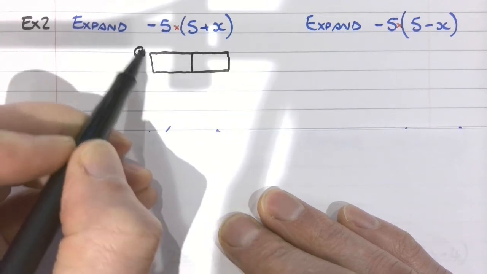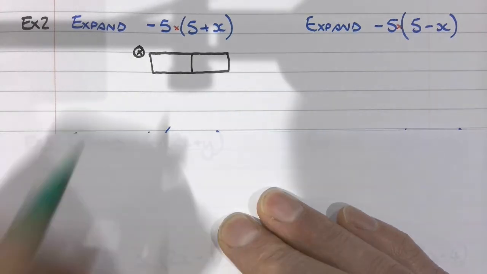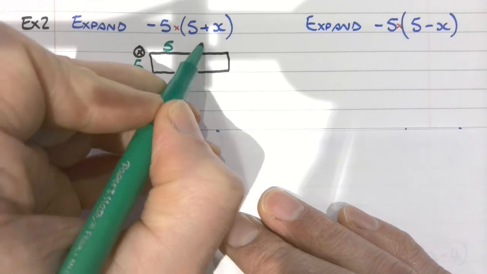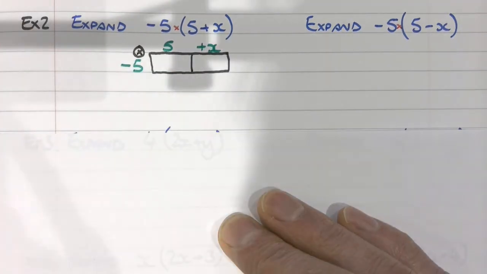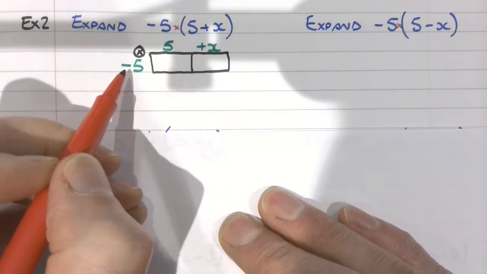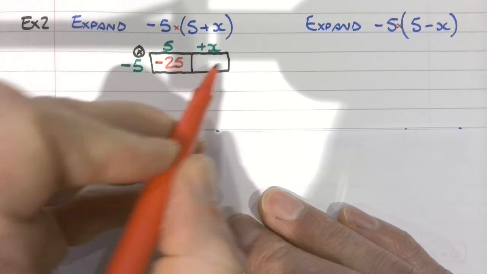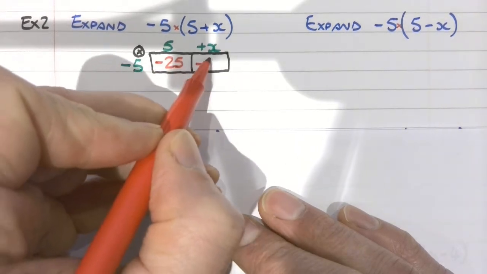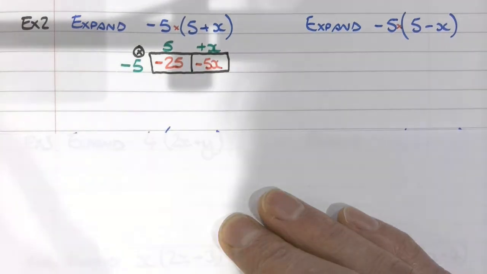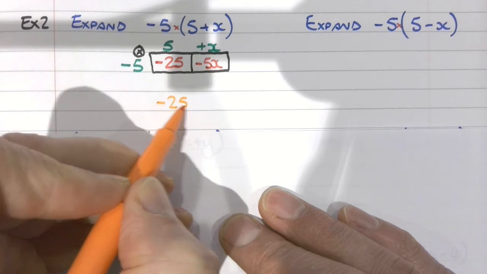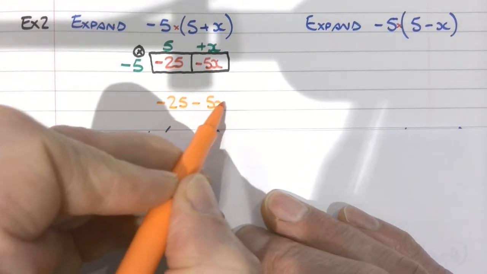We remind ourselves we're multiplying. We write the question down, minus 5 times 5 plus x. We do our multiplication, minus 5 times 5 is minus 25. Minus 5 lots of x is minus 5x. In case we're not sure, the answer then is minus 25 minus 5x.